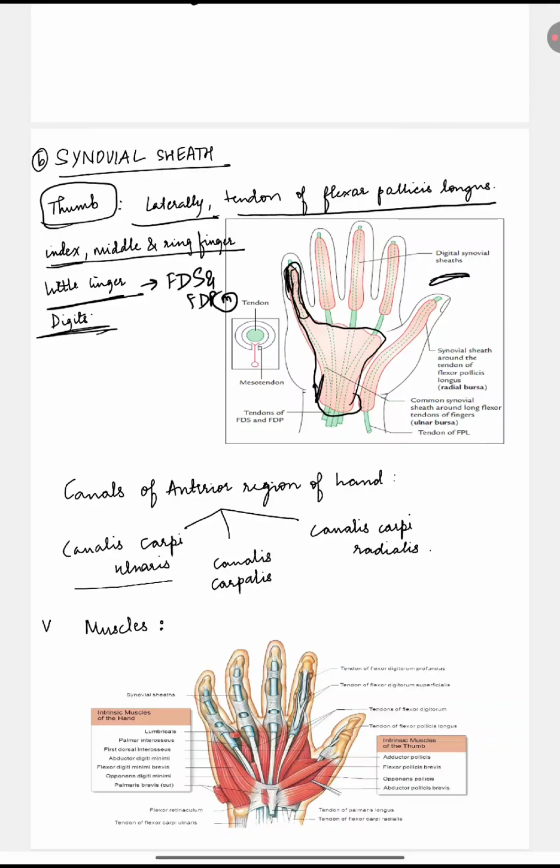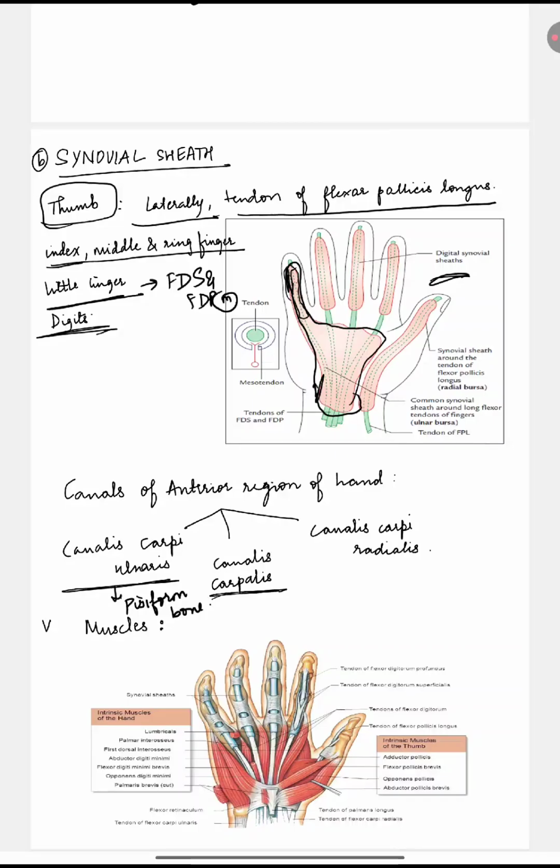First is canalis carpi ulnaris. It forms fascia around the pisiform bone. This canal contains the ulnar artery and nerve and passes under the palmaris brevis muscle.